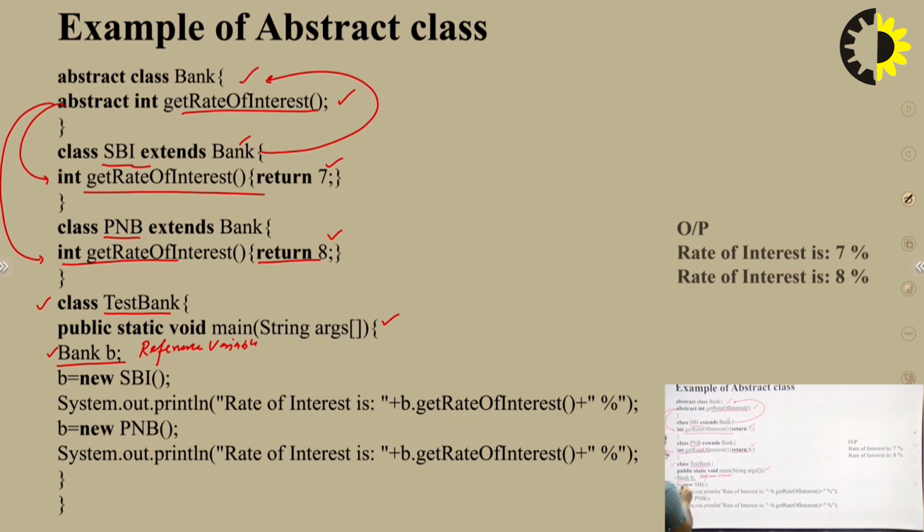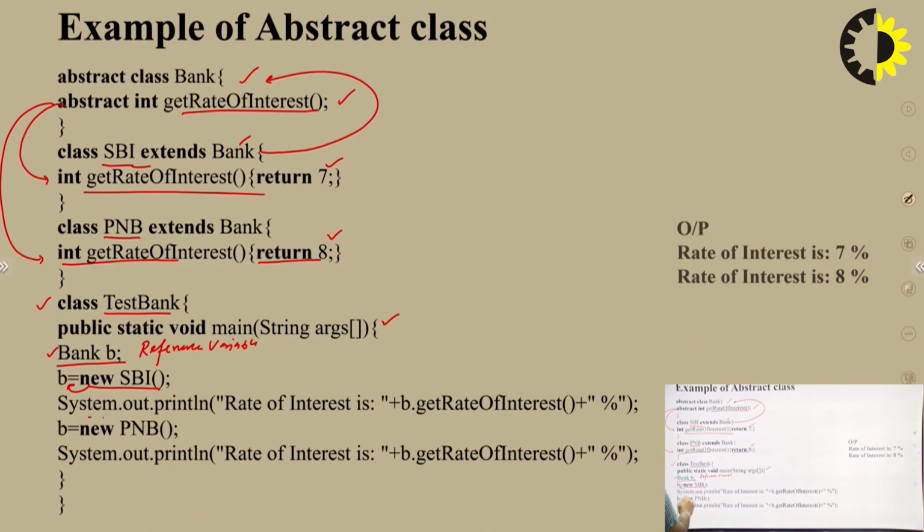Once the reference variable of Bank is created, the object of SBI is assigned to b. That means the reference variable of the abstract class is taking the values from the SBI class object.